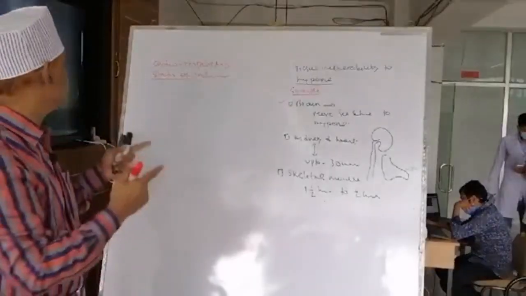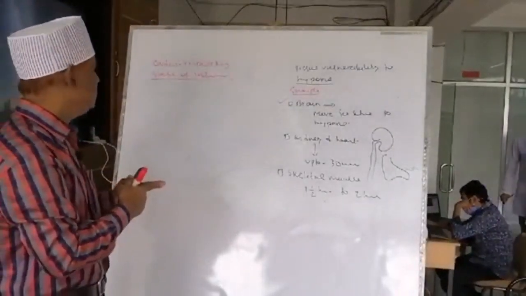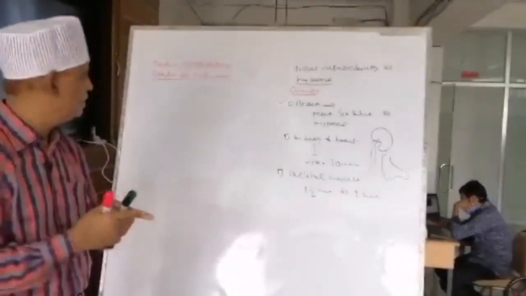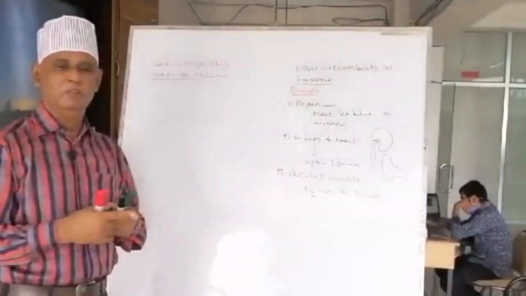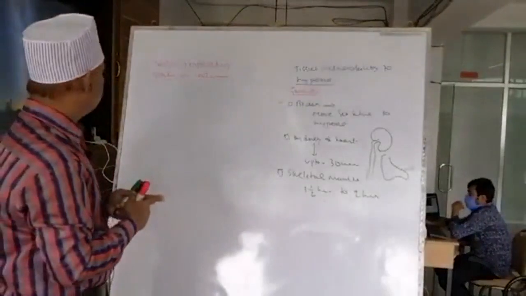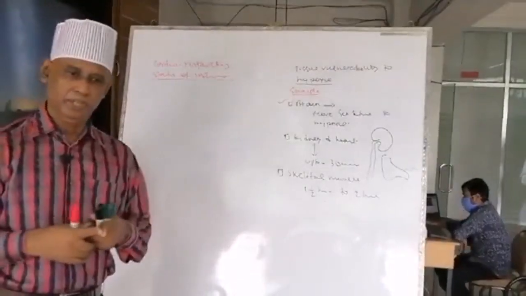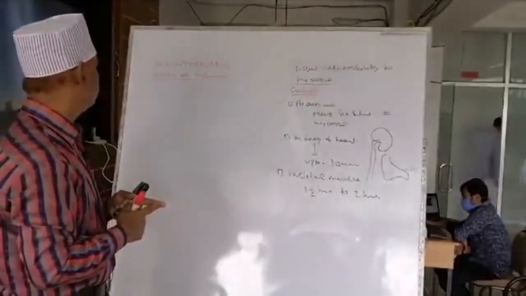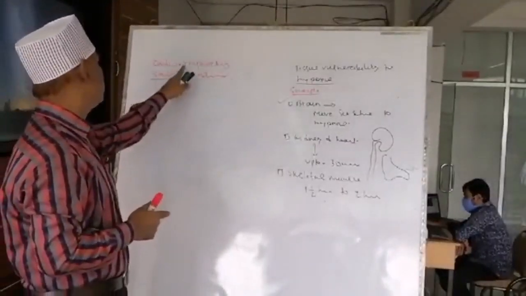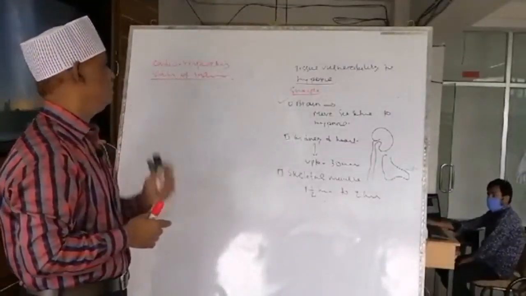So pre-existing disease in the heart is associated with enhancement of infarction, and pre-existing disease in the lung is associated with enhancement of infarction. This is called cardiorespiratory status of the individual.